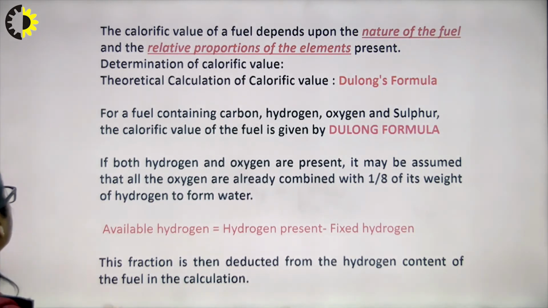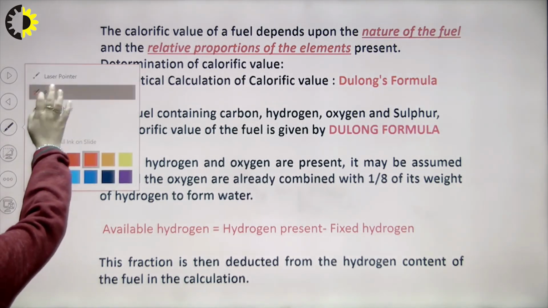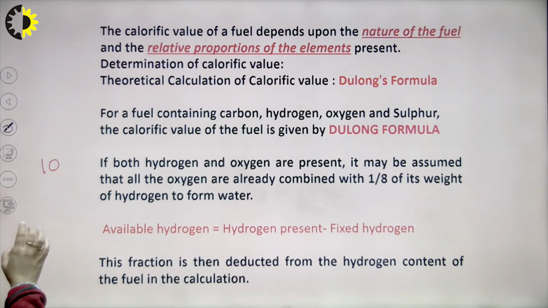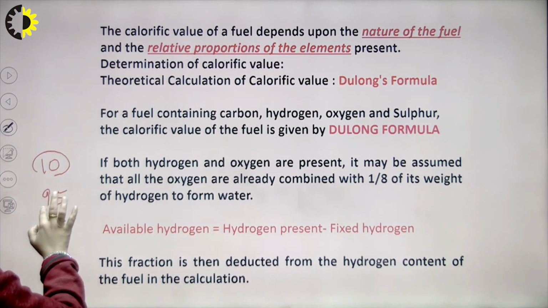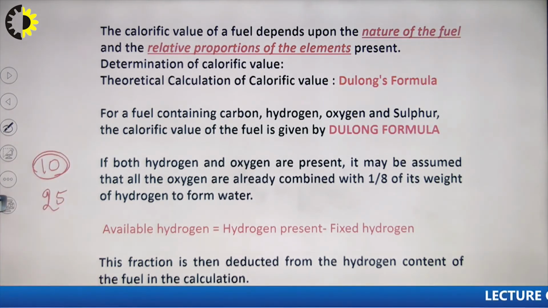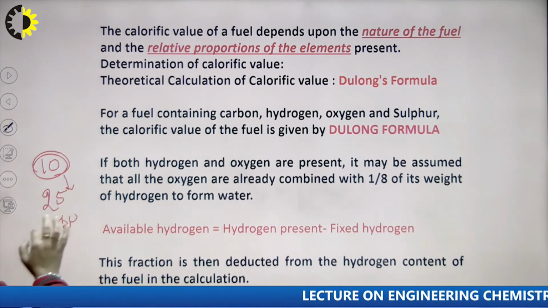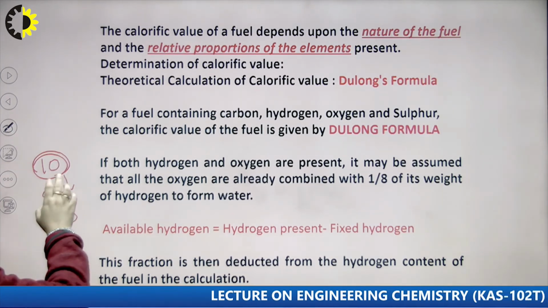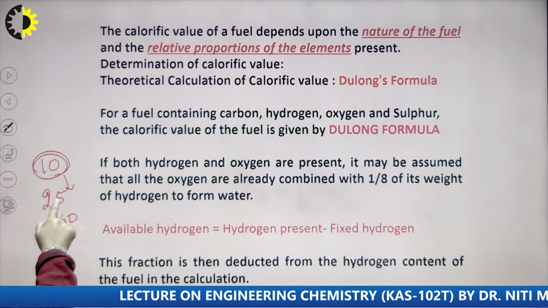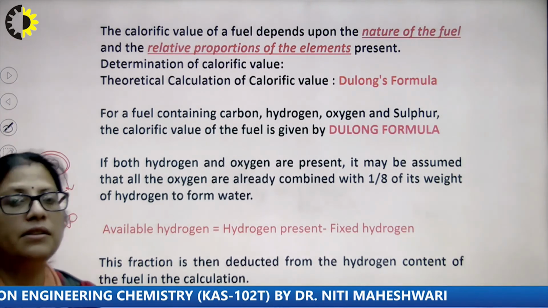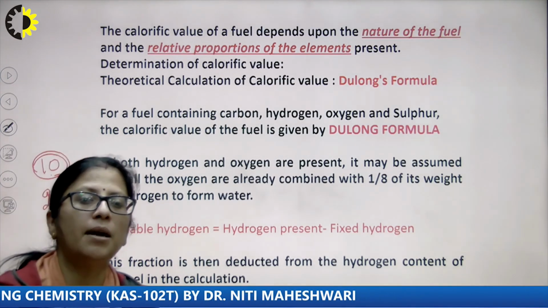Suppose my fuel contains 10 atoms of oxygen and, just for example, 15 atoms of hydrogen, then this oxygen will combine with hydrogen according to the formula H2O, and the remaining hydrogen which is left after combining with oxygen is the only hydrogen available for the combustion process.